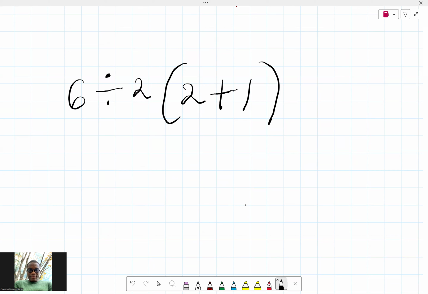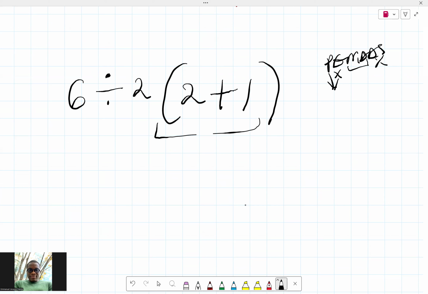Let's say PEMDAS. We have parentheses, that's this one, with no exponents, but there's multiplication and division, and that's where it stops. We don't have addition and subtraction.